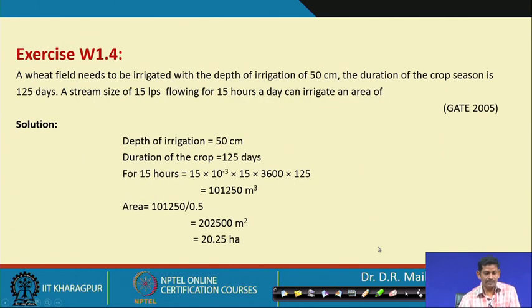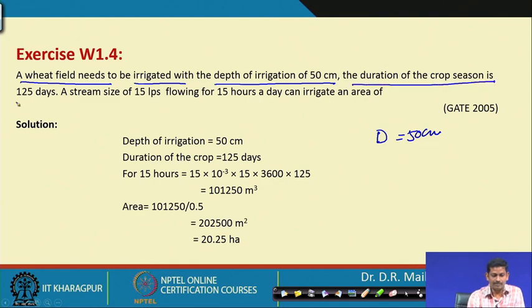Okay. So, the fourth problem here is you have a wheat field that needs to be irrigated with a depth of irrigation of 50 centimeter. So, the depth of irrigation D is given as 50 centimeter, the duration of the crop season is 125 days.